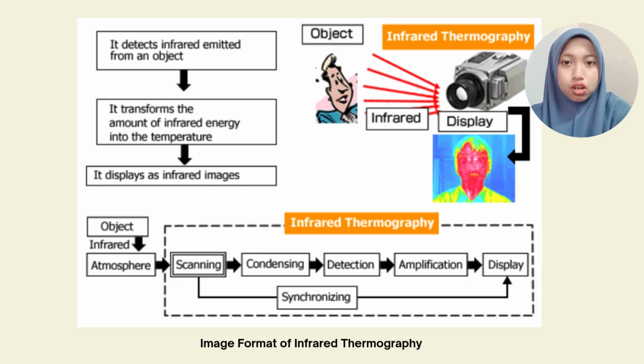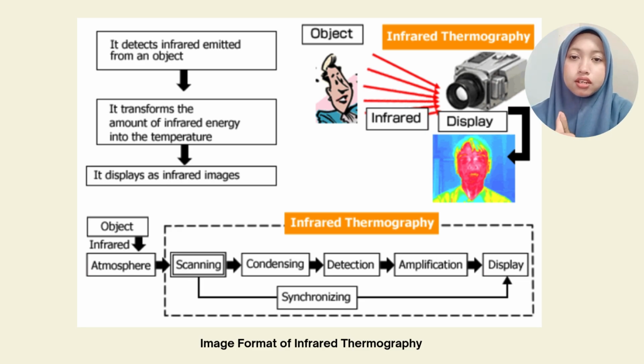This diagram shows how infrared thermography works. Infrared thermography works by detecting the heat from an object. First, infrared radiation is given off by the object. This invisible heat passes through the air, then enters the infrared camera. Inside the camera, the process begins. Number 1, scanning: the camera scans the infrared radiation. Number 2, condensing: the signal is focused.